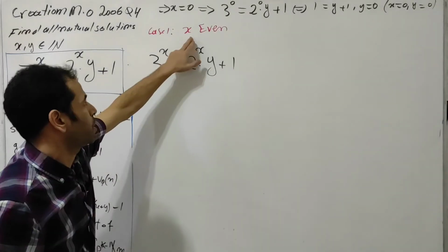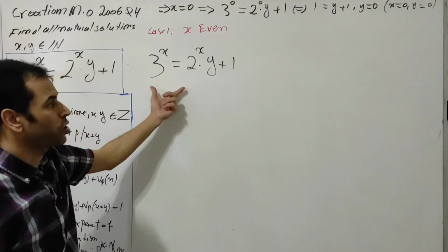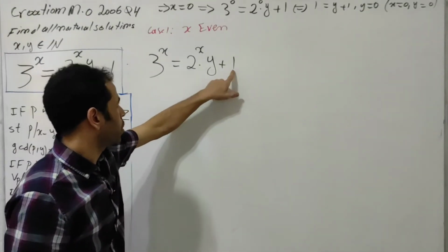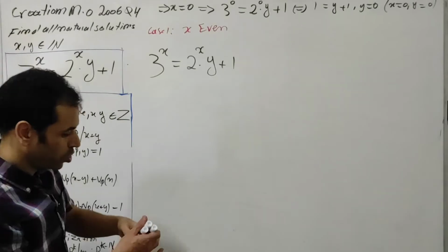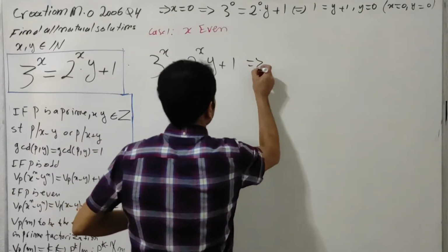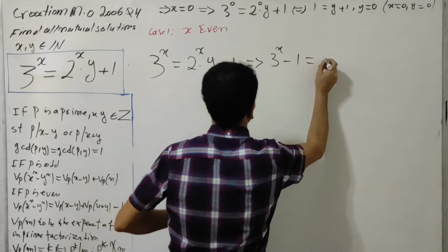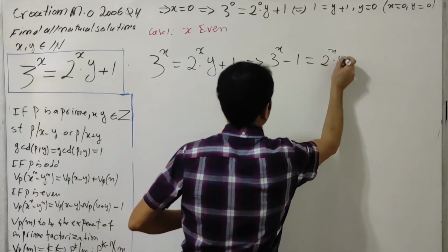When we have x as an even number, we have this equation 3 to the x equals this one. So now I'm going to take number 1 to the left-hand side of this equation. We'll have 3 to the x minus 1 equals 2 to the x multiplied by y.